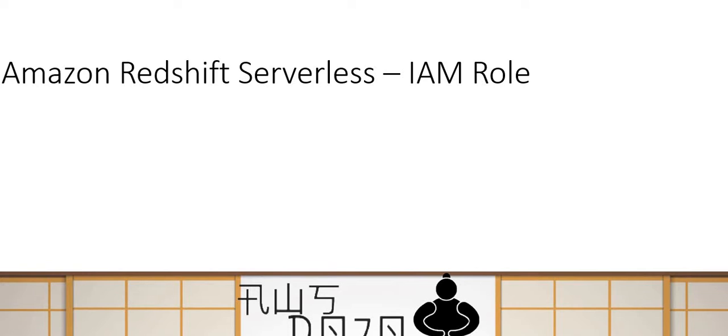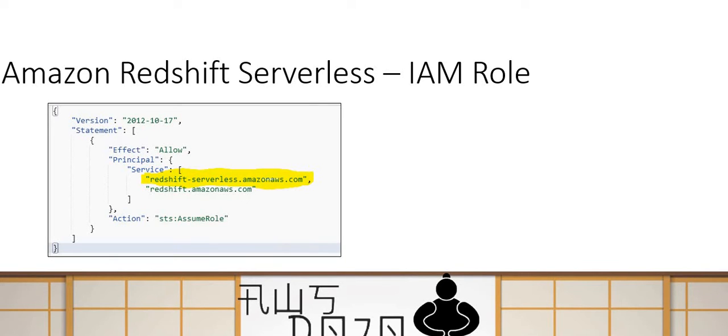For all those cases, you need to assign an IAM role, and it is not different for Redshift Serverless. In Redshift Serverless also you can provide an IAM role. The only difference is that you need to provide trust for one additional service, and that trust is redshift-serverless.amazonaws.com. So it's similar to the Amazon Redshift IAM role, the only difference is to put an additional trust for Redshift Serverless as well. That's the one change you have to keep in mind.